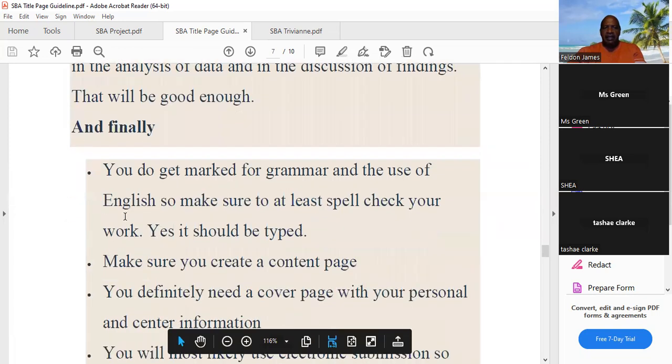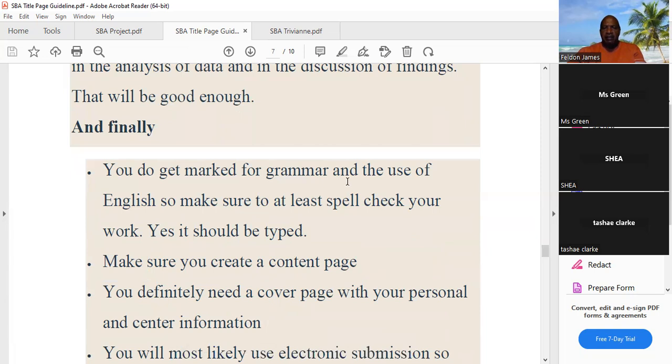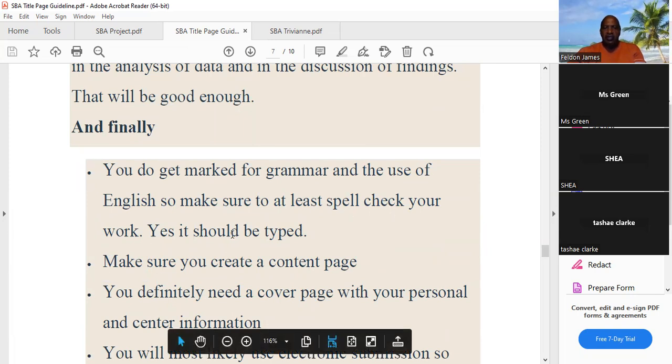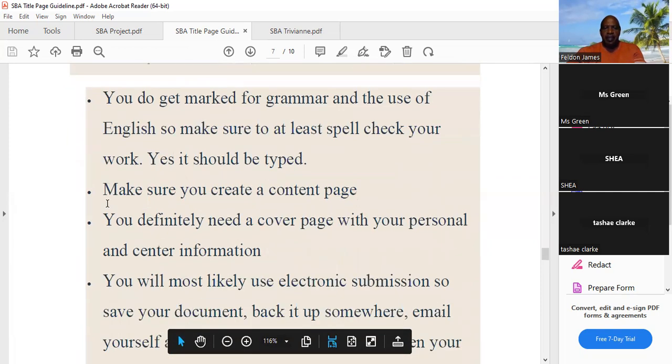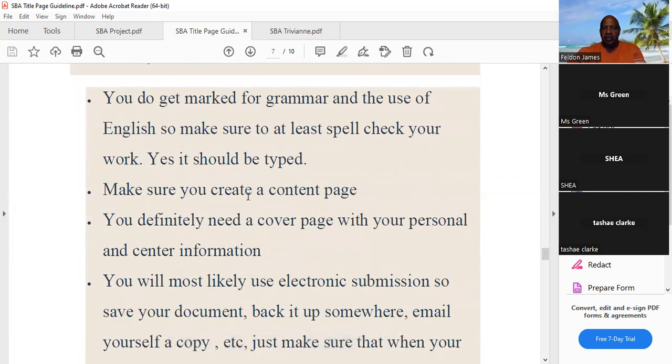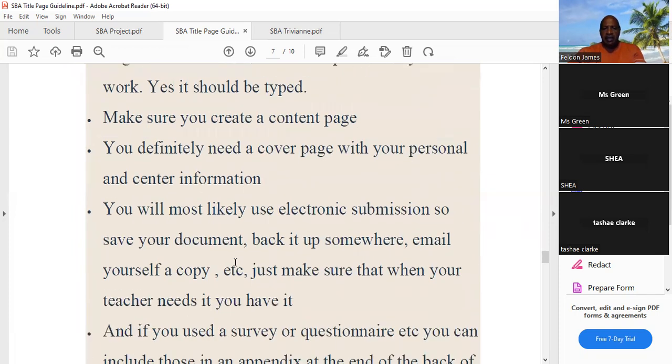And finally, you do get marks for grammar and the use of English. So make sure to at least spell check your work. Yes, it should be tight. Make sure you create a content page. You definitely need a cover page with your personal center information.